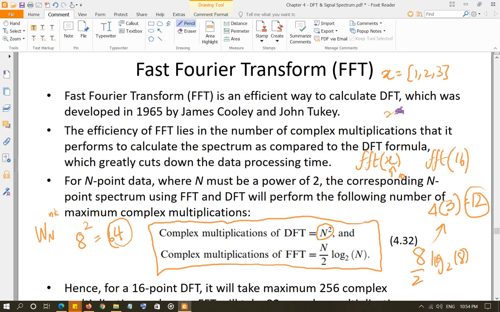So for the FFT formula, you go to the next power of 2, which will be 4 samples. So you can append a 0 at the end. This is called zero padding.